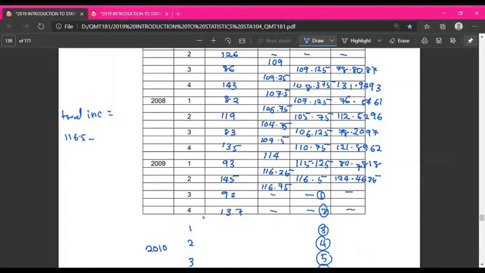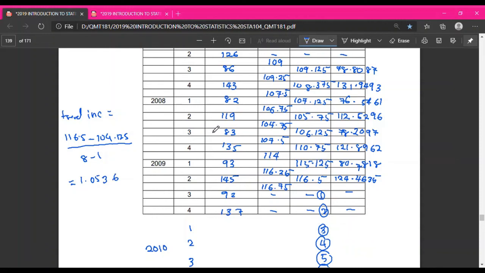Jangan tukar dengan variation. Variation, this is our column, trend column. Minus dengan 109.125, the first trend. Divide dengan number of trend, 1, 2, 3, 4, 5, 6, 7, 8, minus 1. Okay, so the answer will be divide dengan 7. So it will be 1.0536. This is the trend increases.